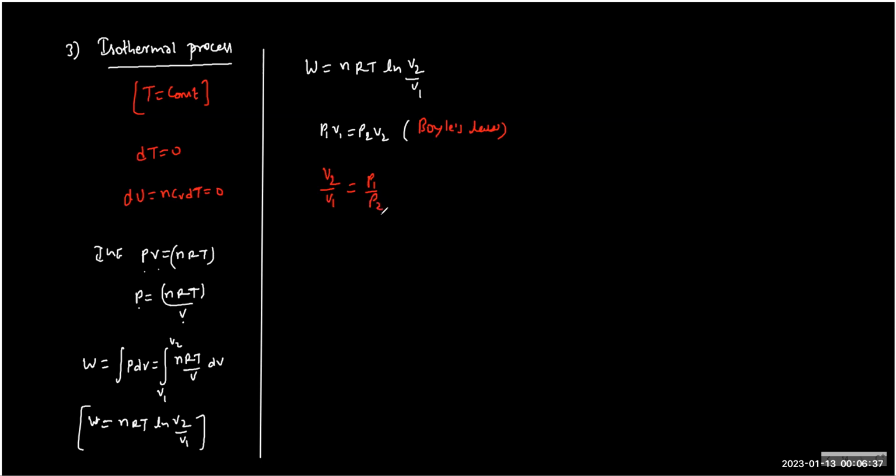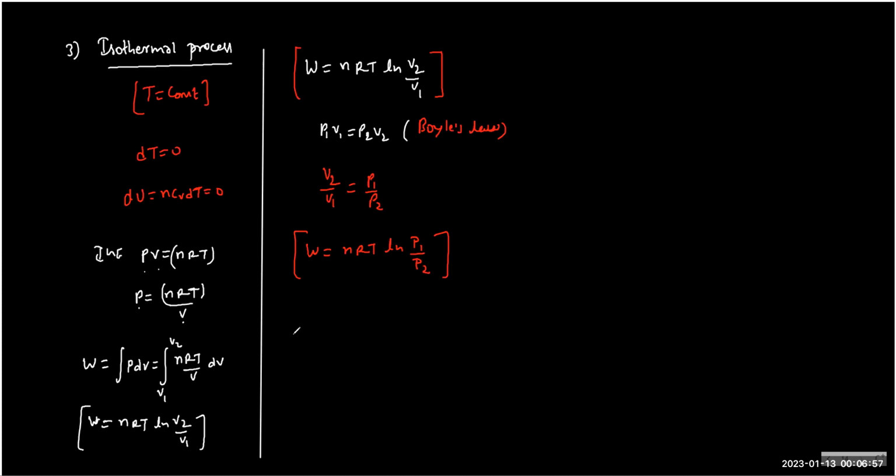And that's logical. As volume increases, pressure will decrease, right? So it's an inverse relation. So the work can also be expressed as W equals nRT ln P1 by P2. So these two formulas are important for this process, nothing else.